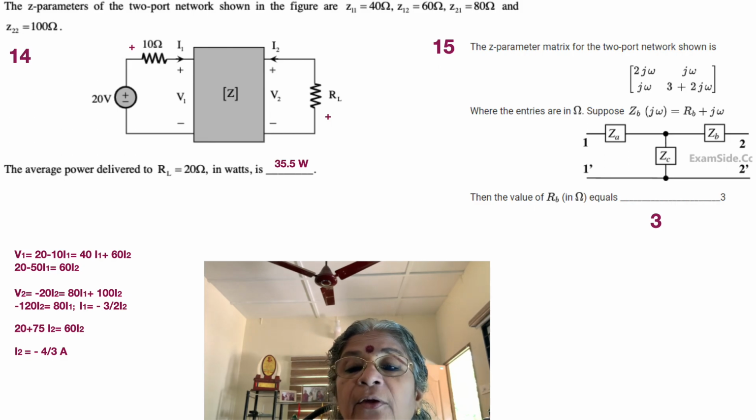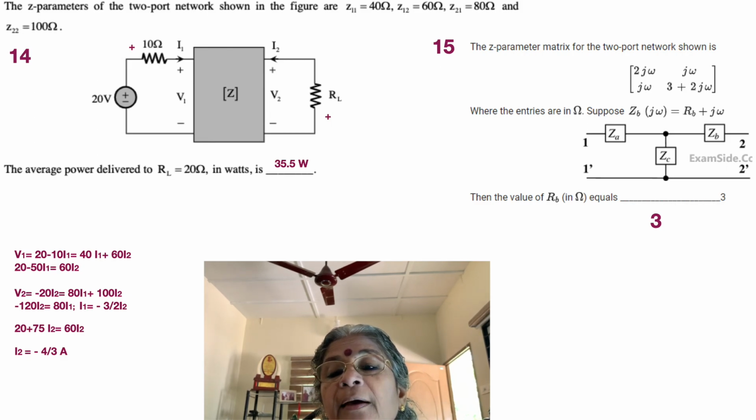So we see that j omega plus RB plus j omega is going to give us Z22, and that's equal to 3 plus 2 j omega. So very easily we can see that RB is equal to 3. Very simple. So let's move on to the 16th problem.